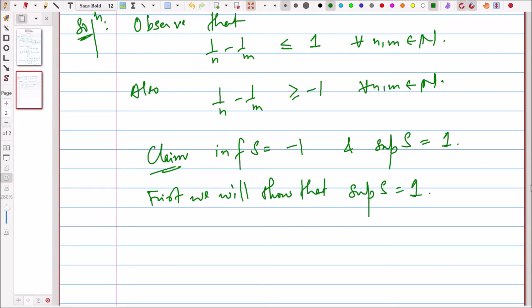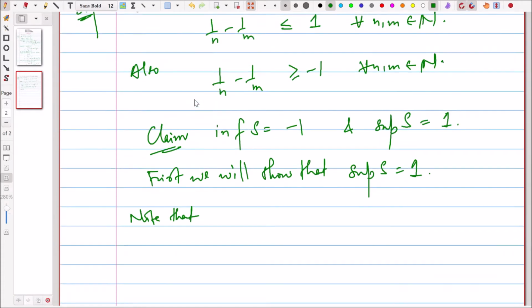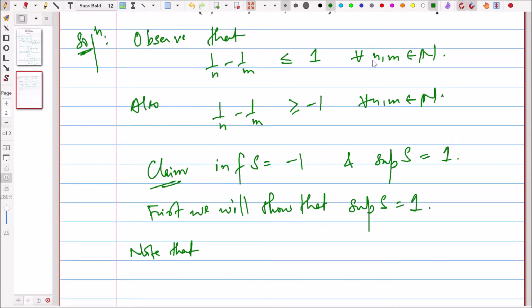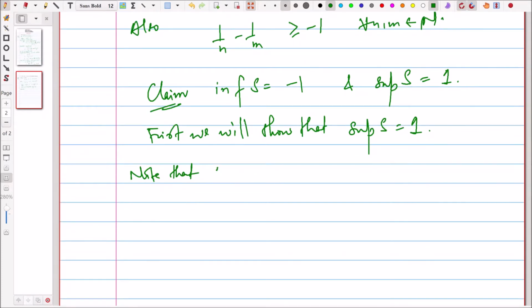So we will use the same epsilon criteria. So note that, because we have already seen that 1 by n minus 1 by m is less than or equal to 1 for every n, m belonging to N, so 1 is an upper bound of S. So we have already seen that 1 is an upper bound of S.